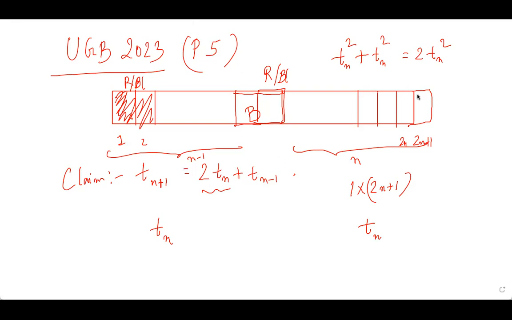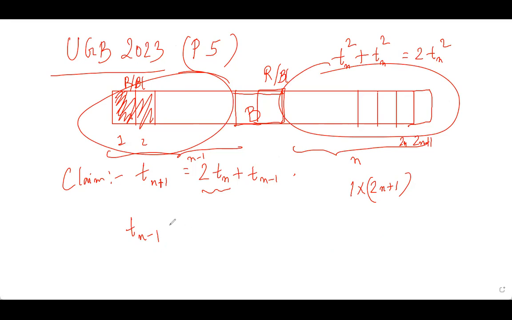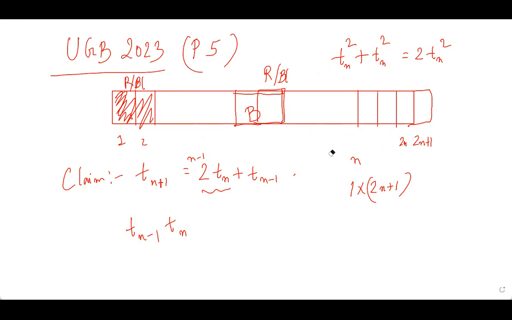So when the left hand side has n minus 1 blocks, we can fill it up in Tn minus 1 ways, and for each of those Tn minus 1 ways, I can fill up this side in Tn ways. And similarly, when there are n blocks on this side and n minus 1 blocks on the other side, plus Tn times Tn minus 1.